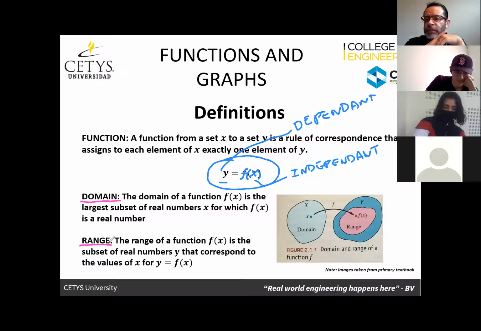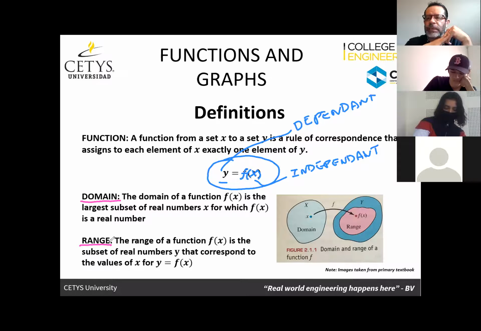Again, the domain of a function is all of the possible values X, which is the independent variable, can have for that function. Okay. And remember that we're talking about real numbers. Okay, we're only talking about real numbers.